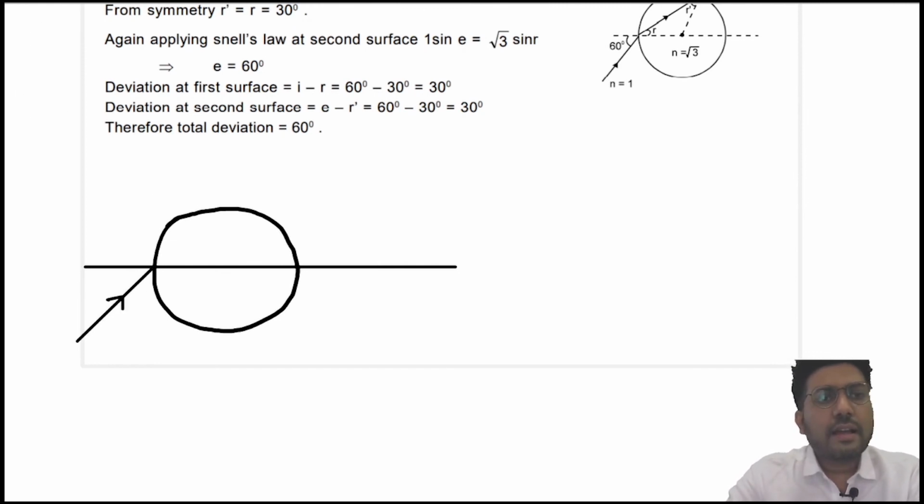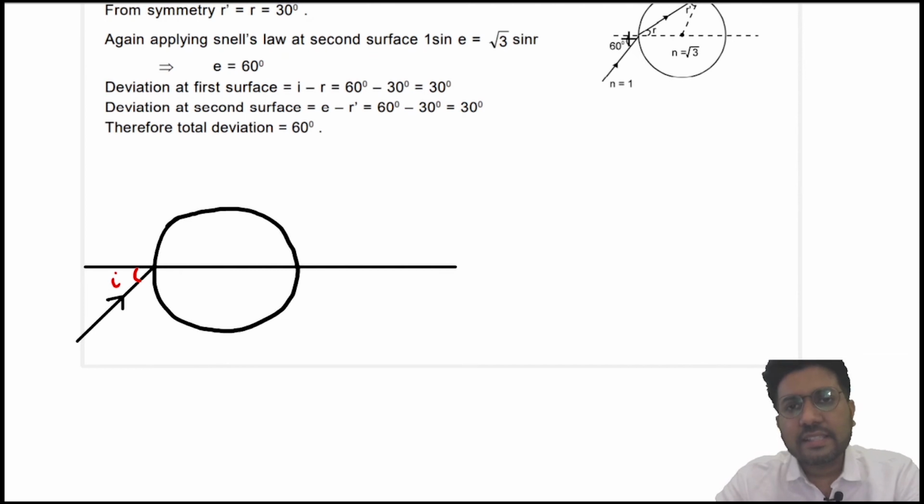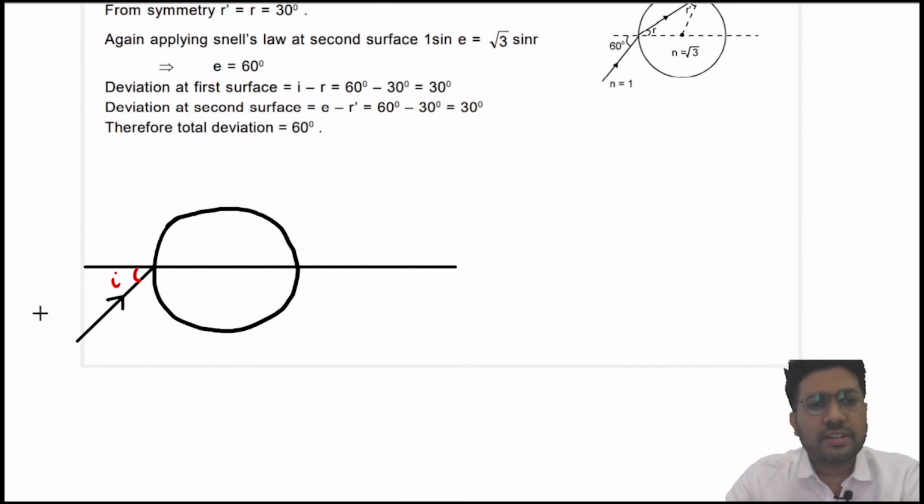And this is the angle of incidence, let's say I. I was given as 60 degree, but in general I am doing it as I. This is 1, this is mu. Then this is the refracted ray here. Again I will draw the normal like this. So this is the normal here. And then again we will draw the refracted ray.